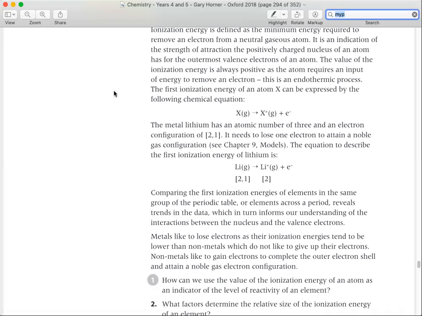So ionization is always endothermic. Always energy is to be given to form positive ions. All those processes which require energy are called endothermic processes. So that is called ionization, right?